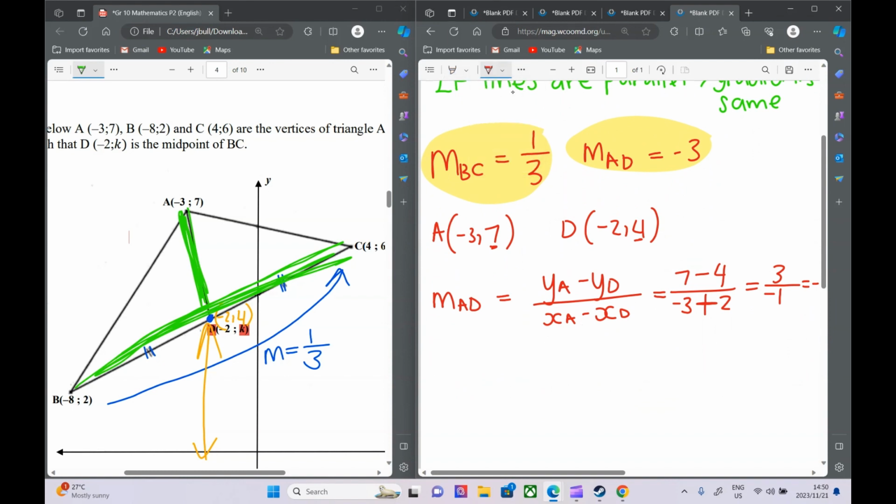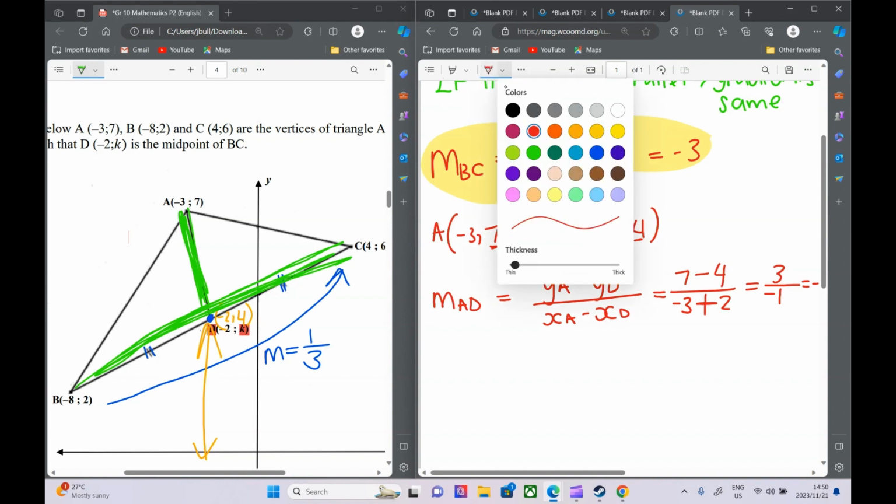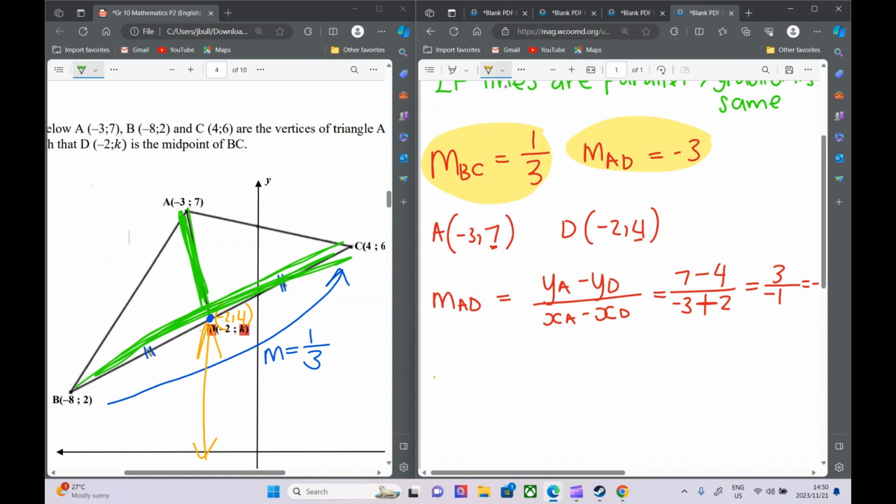Okay, so let's check MAD times MBC. MAD is -3, MBC is 1/3. If you times them by each other, we do get -1 as our answer. So because we get -1 as our answer, that means, therefore, line AD is perpendicular, so it's at a right angle to BC.